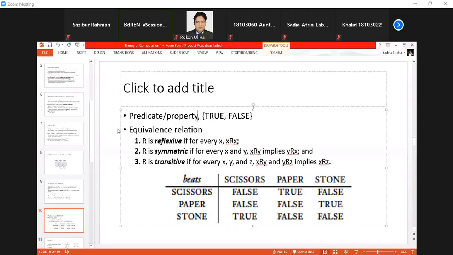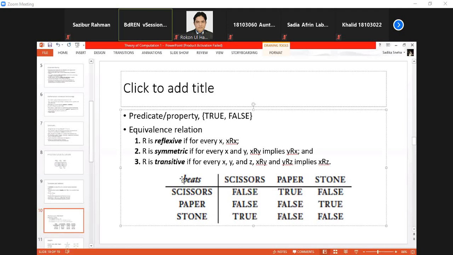So predicate and property is a function whose range is true or false only. That means you can give anything as input. The domain can be varied. It can have different types of input, but the output will only be true or false.